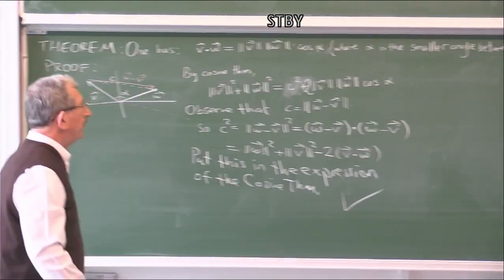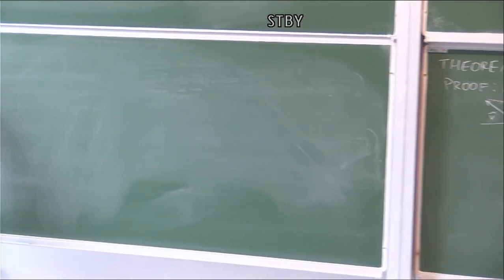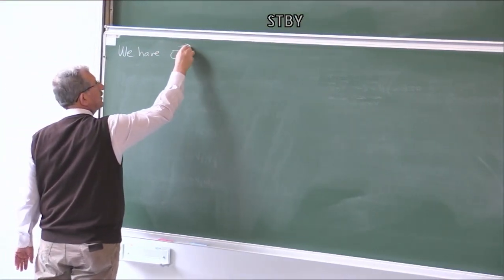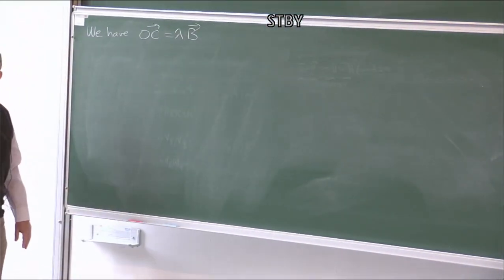So let us write down what we have. Firstly, OC must be a multiple of B. That is a restriction.